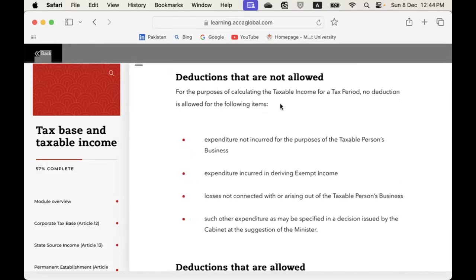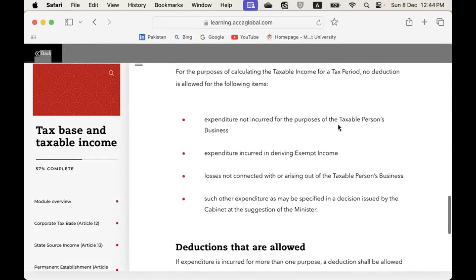Deductions that are not allowed: expenditure not incurred for the purpose of business, expenditure incurred in deriving exempt income. This is a key part, man. You guys need to understand this very importantly, because if you are doing it for the first time, you may miss it. In our income statement, sometimes there are expenses which directly and entirely correspond to exempt income.